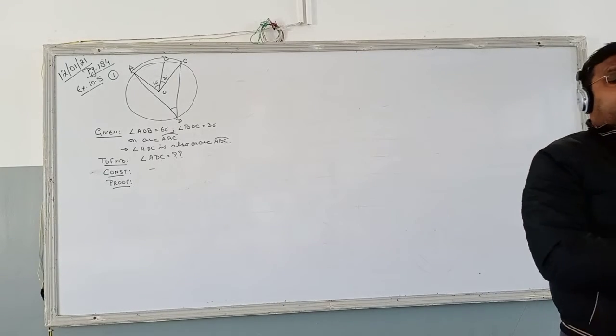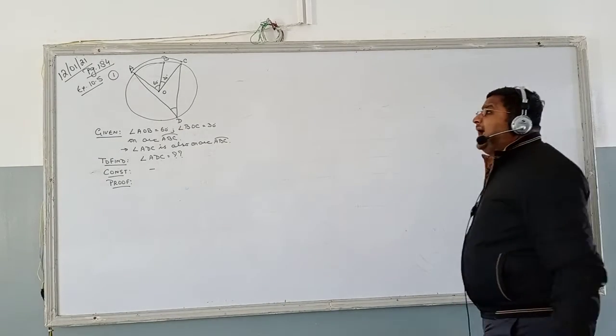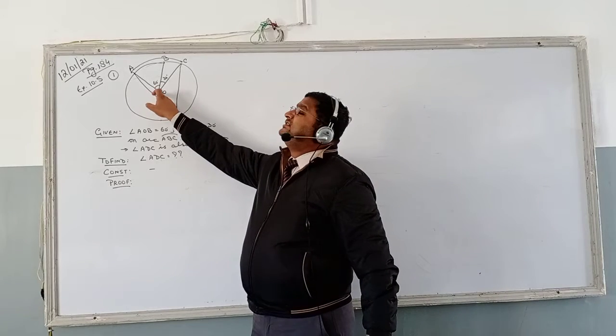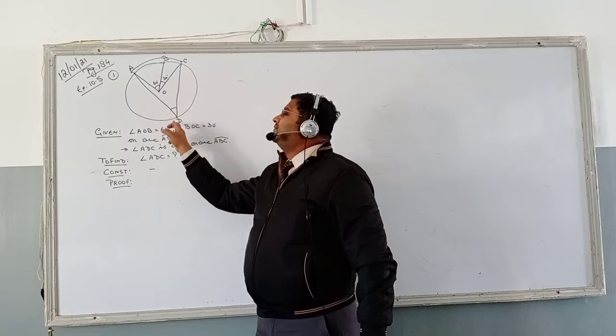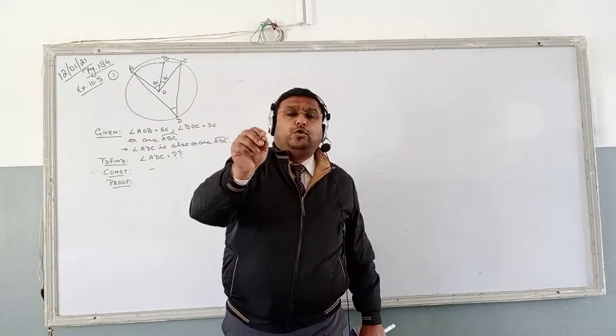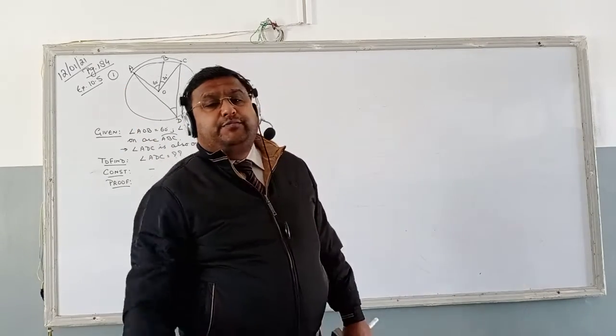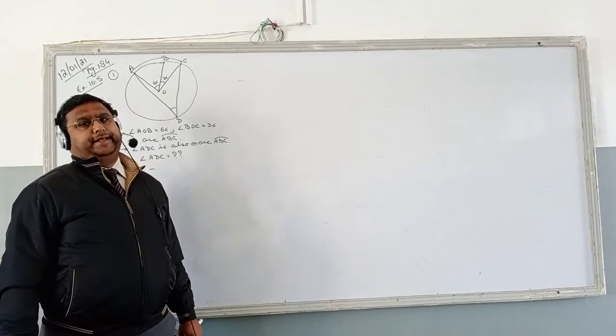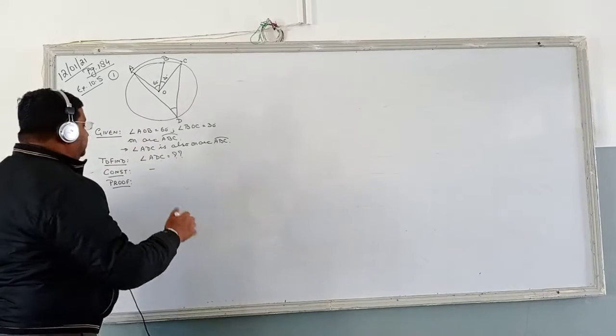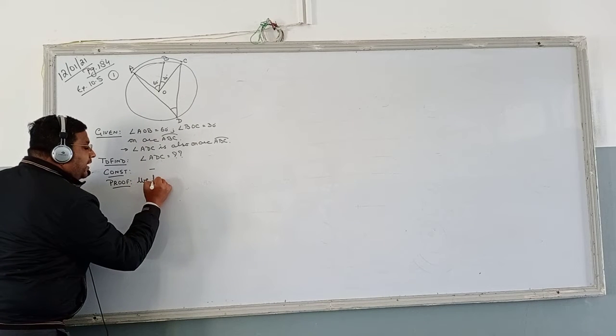It says the angle subtended by an arc at the center is double the angle subtended by it on the remaining part of the circle. We proved it in the last class, yesterday itself. Yes, we know. You will have to write down the statement.